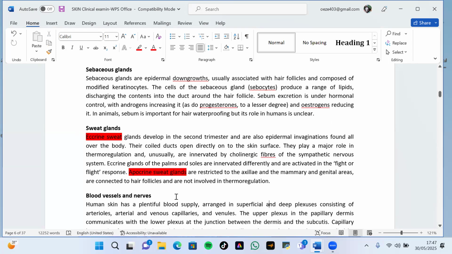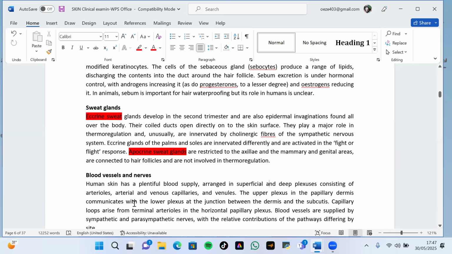The apocrine sweat glands are restricted to the axilla, the armpits, and the breast region, then the genital areas. They are connected to hair follicles and are not involved in thermoregulation, whereas the eccrine sweat glands are involved in thermoregulation.